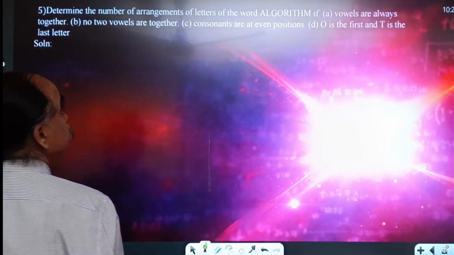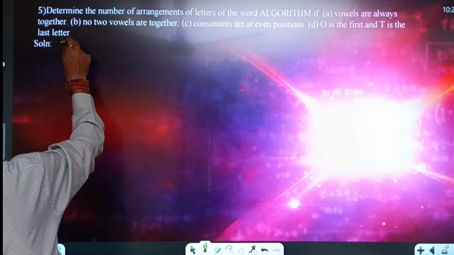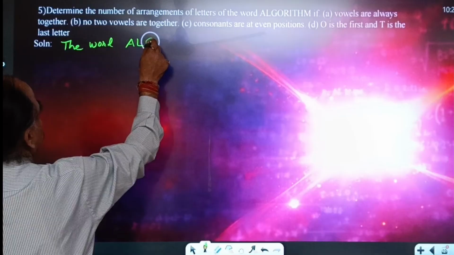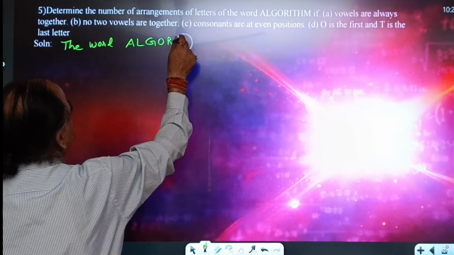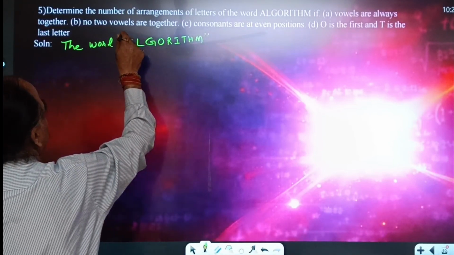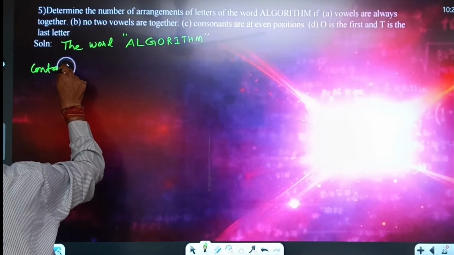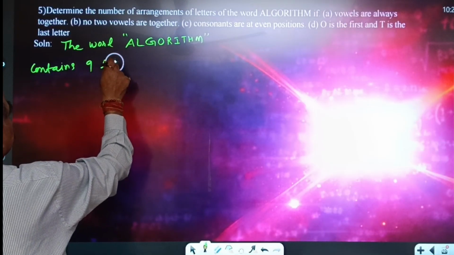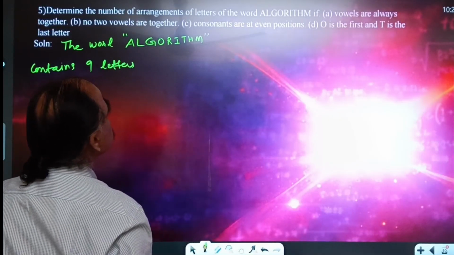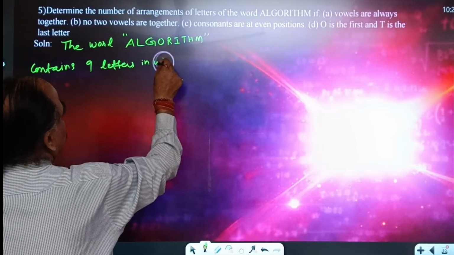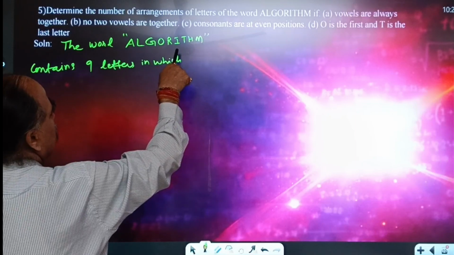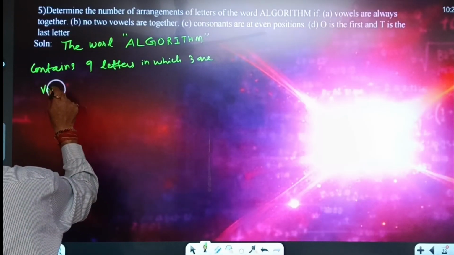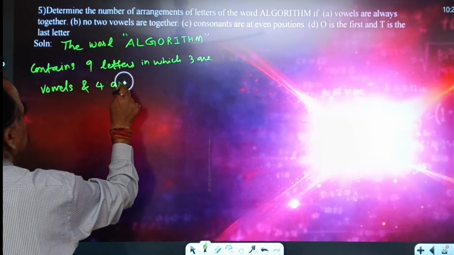The word algorithm contains 9 letters, in which A, O, I, 3 are vowels and 6 are consonants.